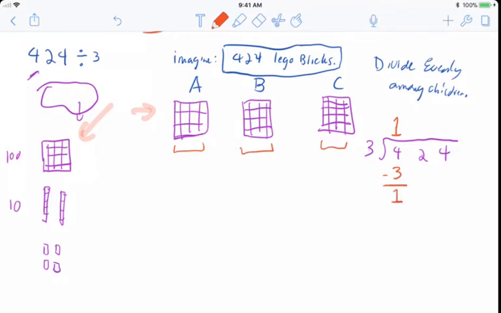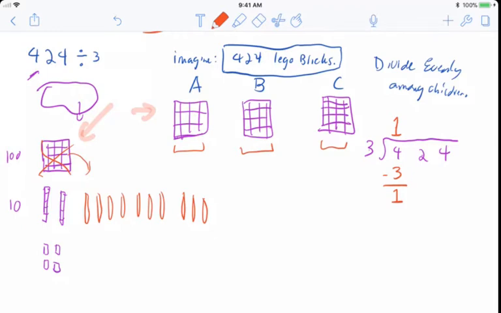Now I can't divvy that up among them, but what I can do is break this sheet into sheets of 10. 1, 2, 3, 4, 5, 6, 7, 8, 9, 10. Okay? How many sheets of 10 are there now?